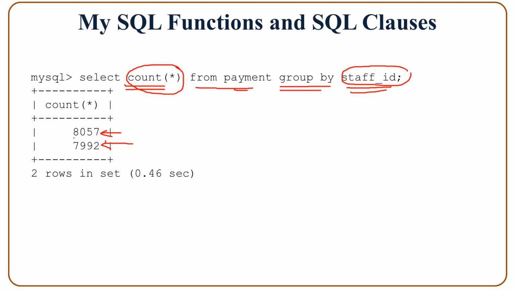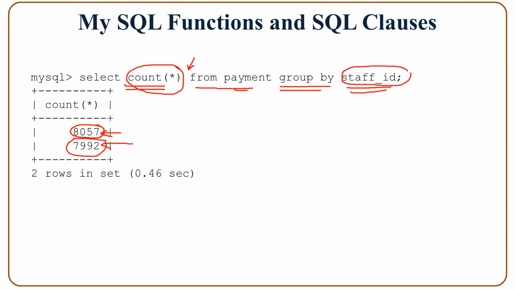And if you want, you can give count star an alias, for example, num. You can also add fields in.